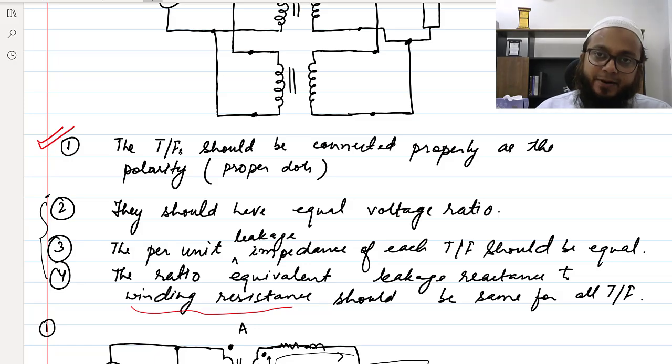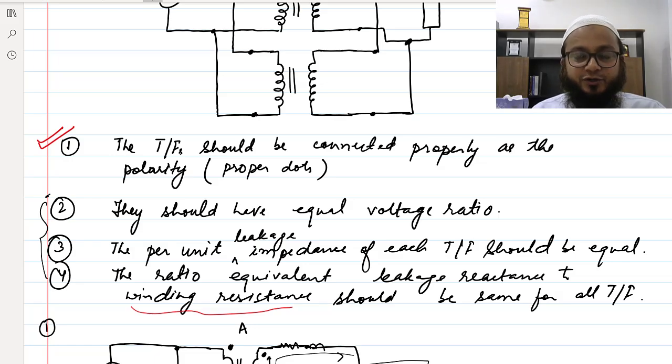But we have seen in a practical transformer that the power factor angle of the primary side, which the primary observes, would be different than the load power factor angle. So if this is not maintained, then the real power sharing between these two transformers won't be equal.